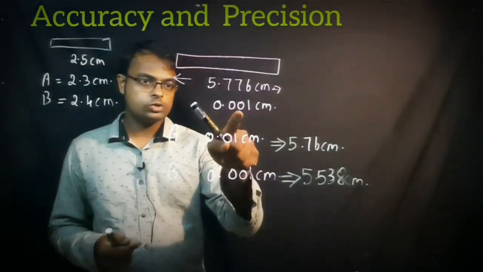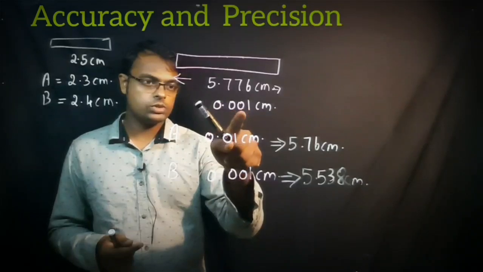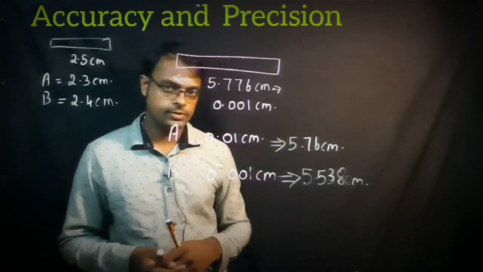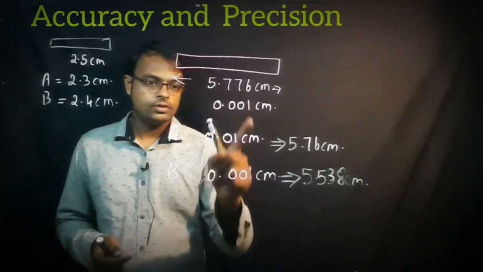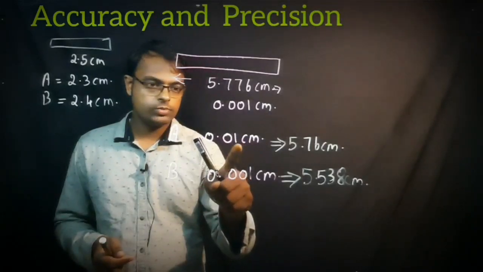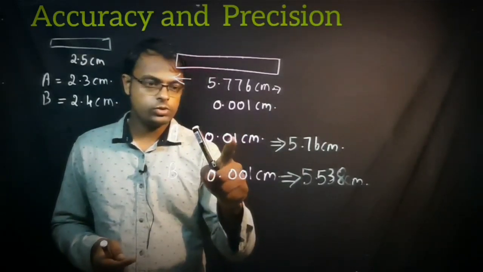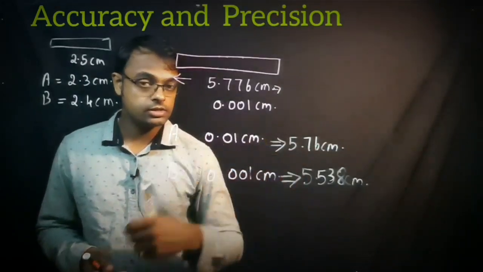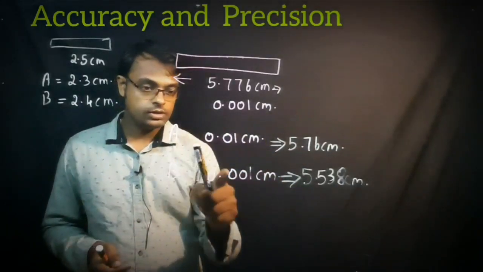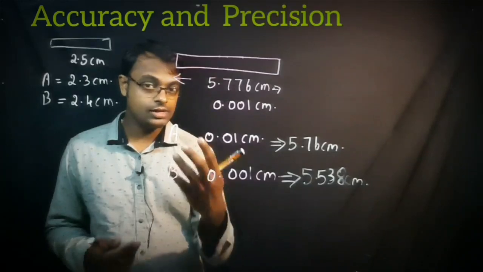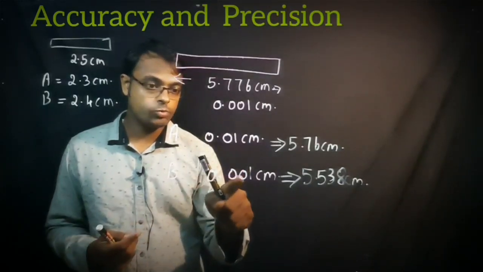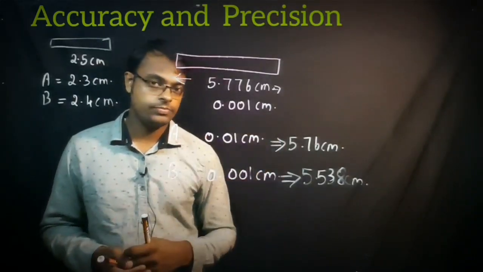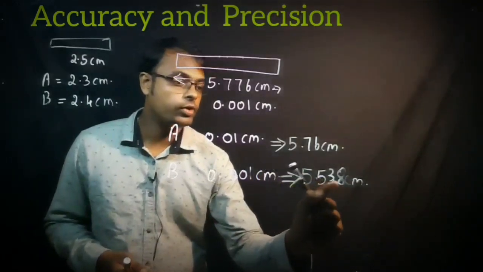Student B was using an instrument having least count 0.001 centimeter. Correct? Student A is using an instrument having least count 0.01 centimeter, and he got the value 5.76 centimeter. Student B is using an instrument having the least count or limit of resolution 0.001 centimeter, and he got the value 5.538 centimeter.